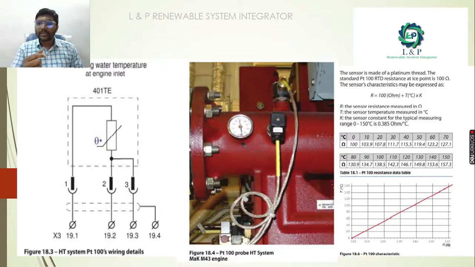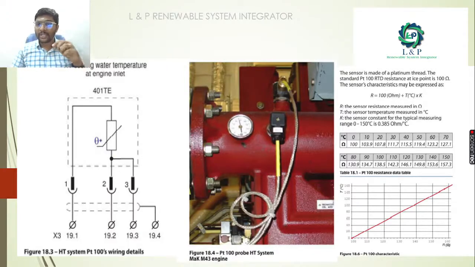It has a resistance at ice point of 100 ohms. How can we analyze the characteristic? Mostly we express this in a formula: R is equal to 100 ohms plus temperature in degrees Celsius times K. K here refers to the sensor constant. We will have a sensor constant for a typical measuring range, which will differ from 0 to 150 degrees Celsius.